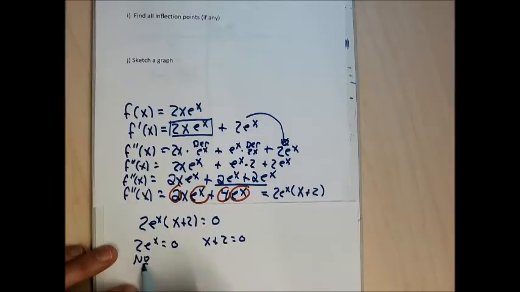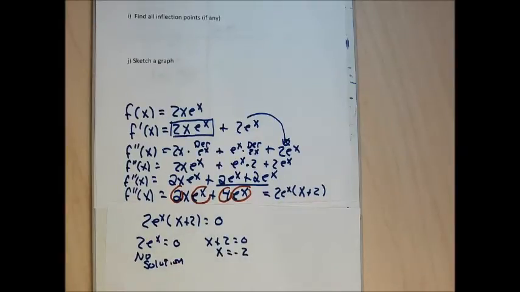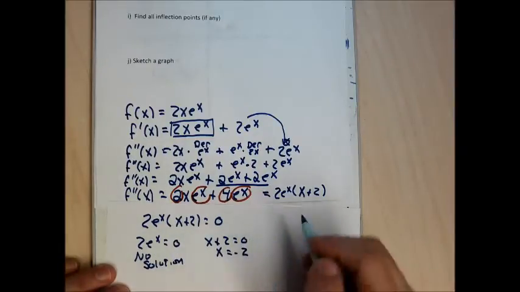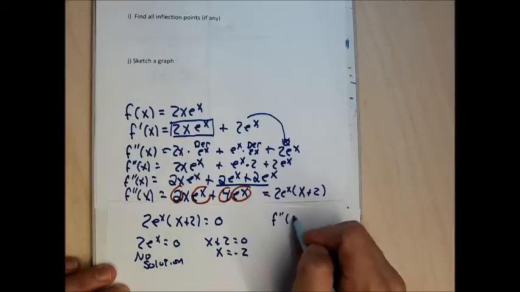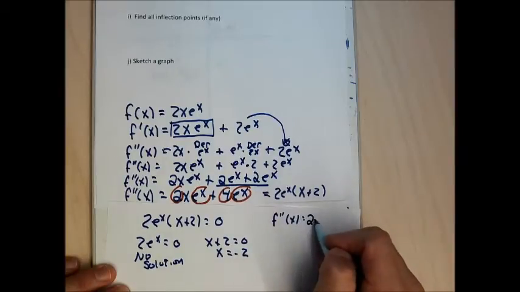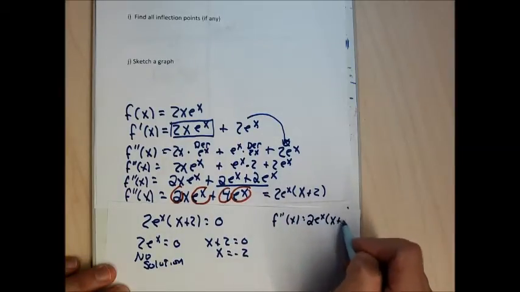The 2e to the x can never be 0, so I'm going to write no solution for that. And the x plus 2, I'll subtract 2 from both sides and get x equal to -2 for my critical number. I have my critical number, and I have the second derivative. The second derivative is f double prime of x equals 2e to the x times x plus 2.